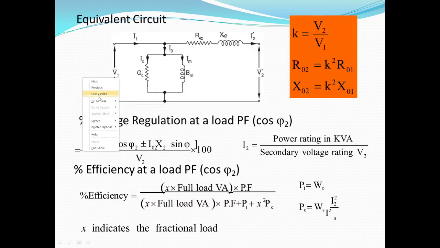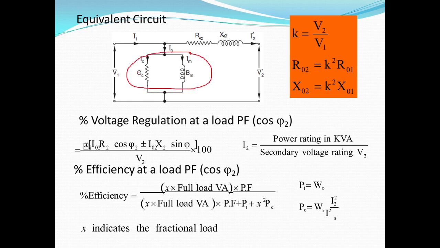Now the equivalent circuit of a transformer. This is the supply, and this is the no load branch, with R naught and X naught, the magnetizing parameter. This is the no load branch parameter, R naught and X naught.